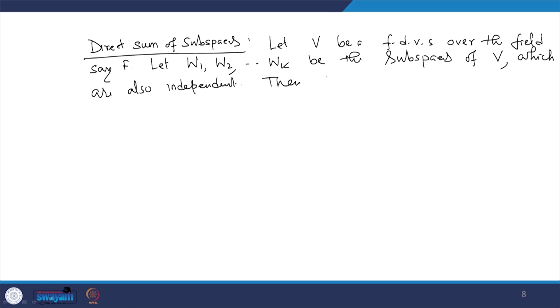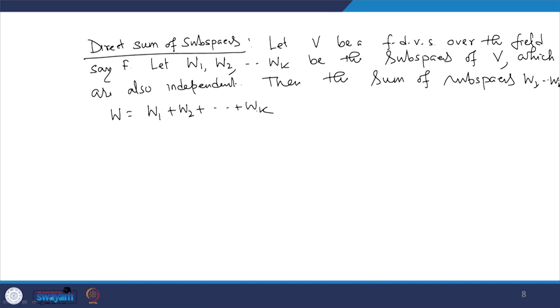Then the sum of the k subspaces given by W equal to W1 plus W2 plus ... Wk is said to be the direct sum of subspaces W1, W2, ... Wk.